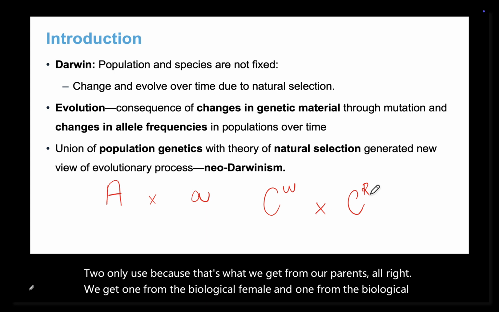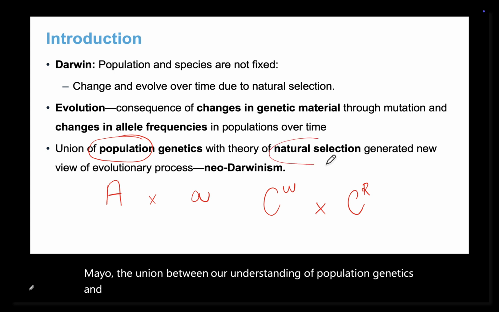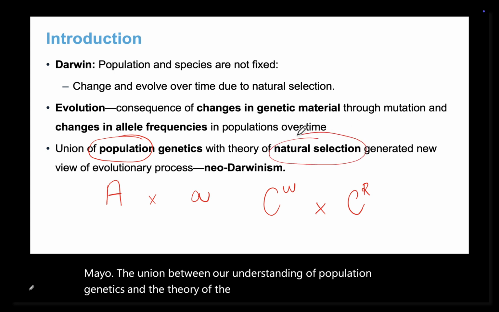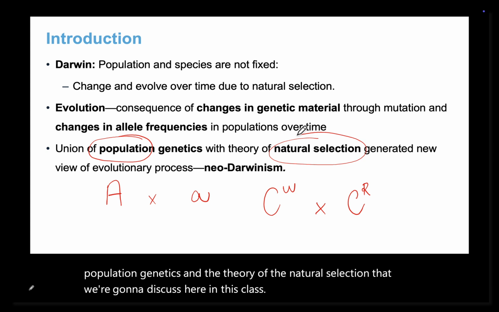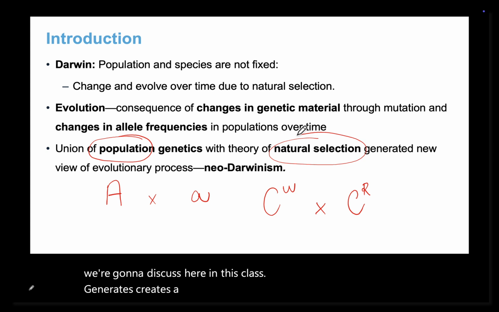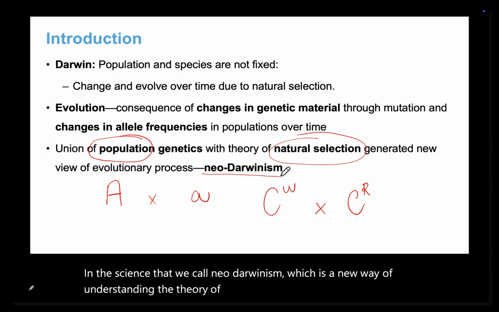The union between our understanding of population genetics and the theory of natural selection that we are going to discuss here in this class creates a new area in science that we call neo-Darwinism, which is a new way of understanding the theory of natural selection.